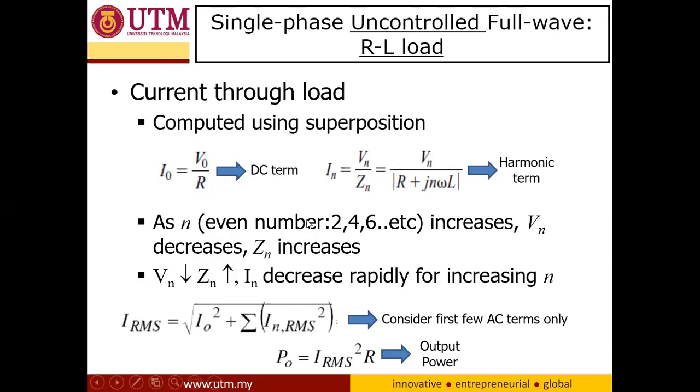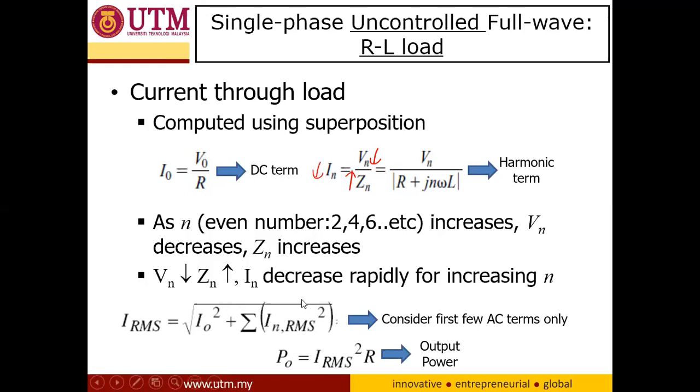When n is increased, Vn will decrease and Zn will increase. So Vn is reduced and Zn is increased, and the In will decrease rapidly for increasing n.